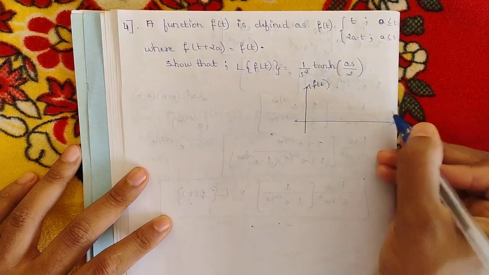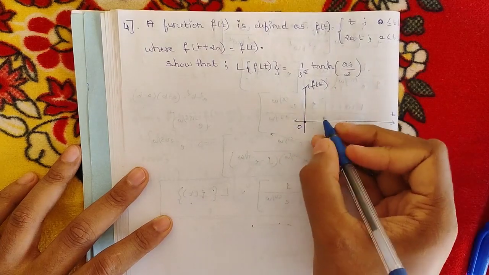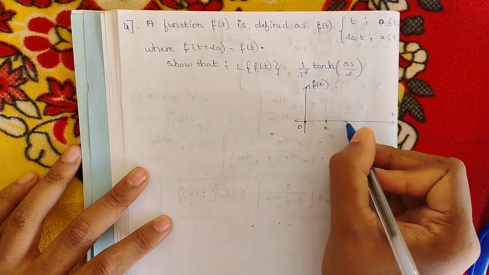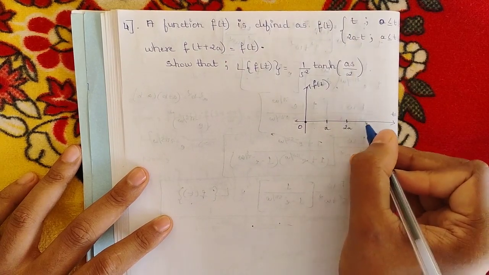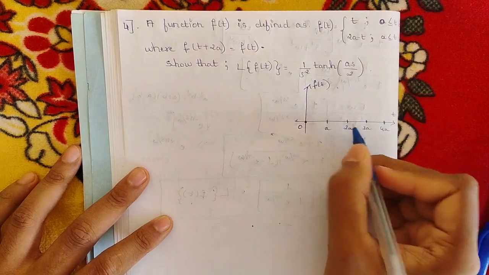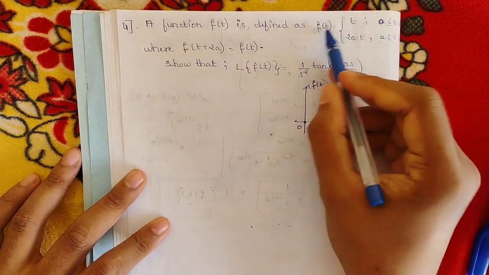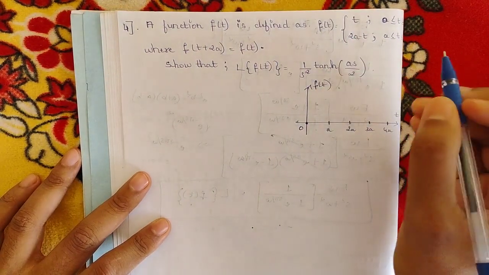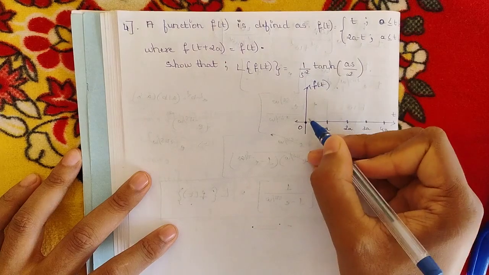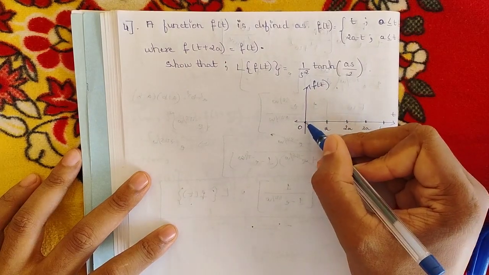f of t and t, 0, a, 2a, 3a, 4a, and it goes on. So from 0 to 2a, one time interval, the waveform is f of t is equal to t, as mentioned. So if f of t is equal to t, then f of 1 is 1, f of 2 is 2, so the line would be a straight line.